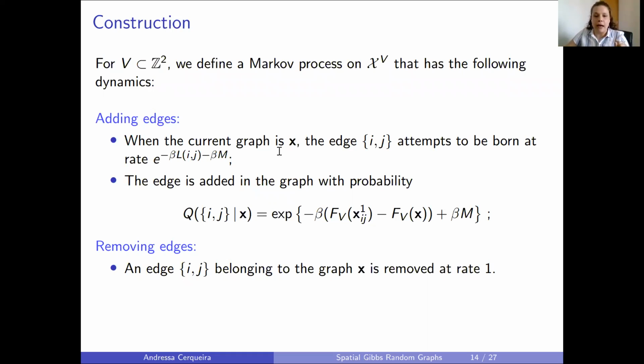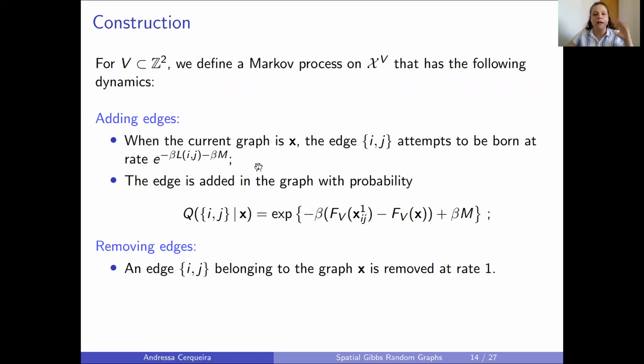Suppose that I have a graph, and the edge i and j will try to be born in the graph with this rate. This rate will depend on the length of the edge and also on this lower bound n.